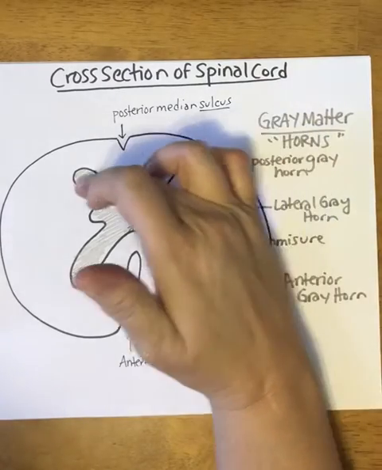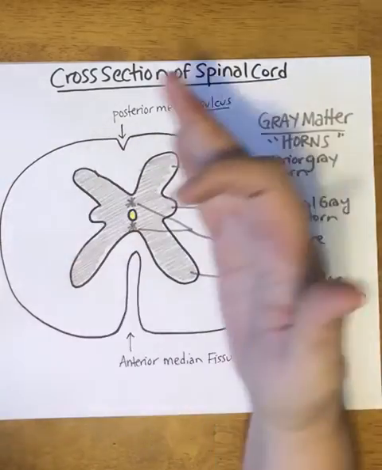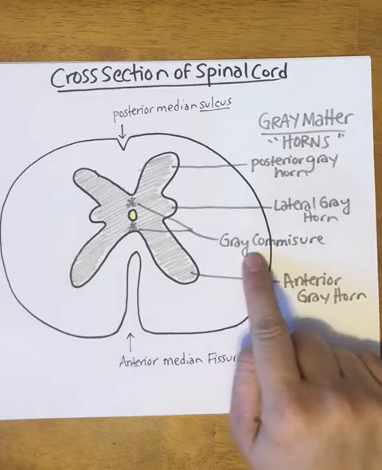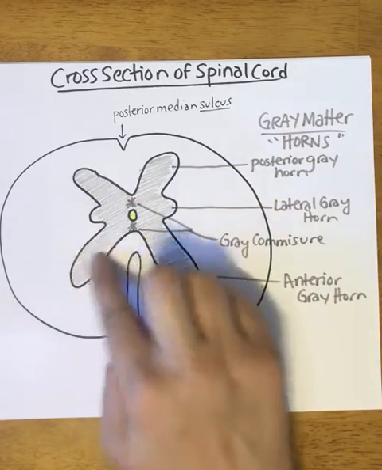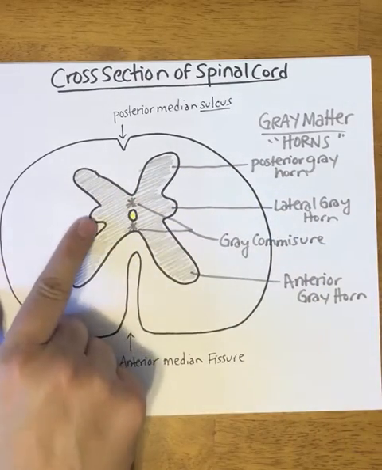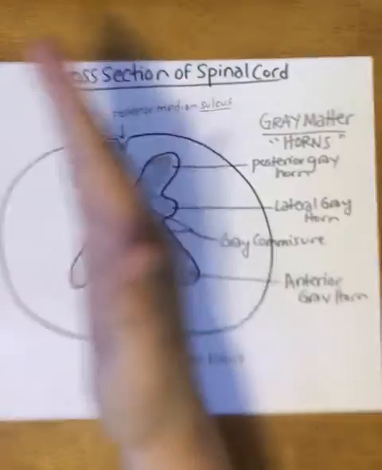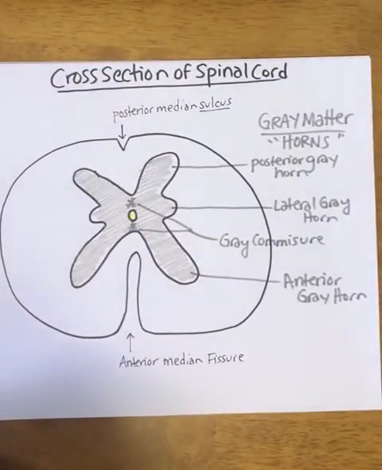Basically, this is how your left and right spinal cord is going to communicate. Think gray commissure for communication. So this would be the posterior gray horn, the lateral gray horn, and the anterior gray horn on the left side. So it's mirror images just like in the brain.